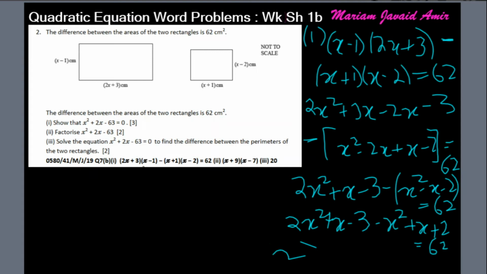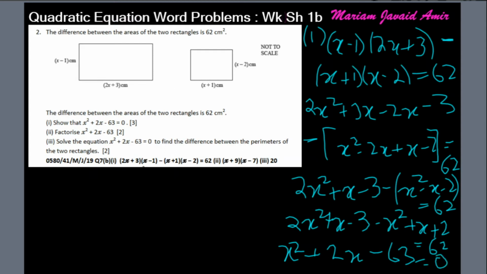So we get x square plus 2x, and then we have minus 3 plus 2, which makes minus 1, then minus 62. So minus 63 is equal to 0, and we've shown the required equation.